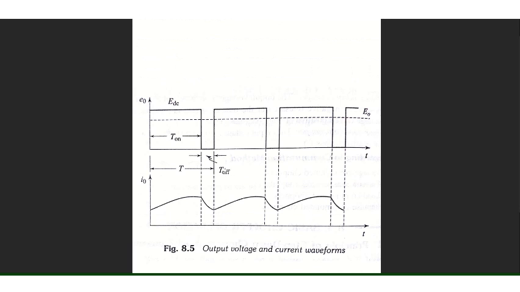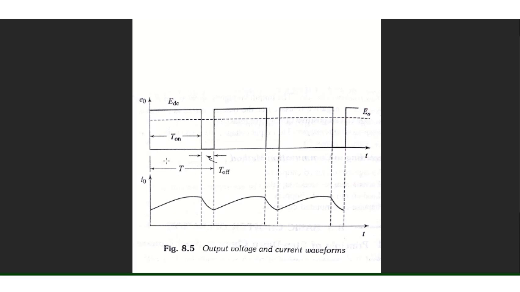In the textbook, this is the waveform that is visible. The terms used are E naught to represent the output voltage. EDC is your input voltage, that is fixed DC input, and capital E naught is the average DC output.